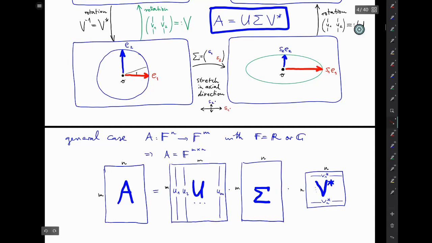And the entries are again your singular values that give you your stretching factors for certain directions.